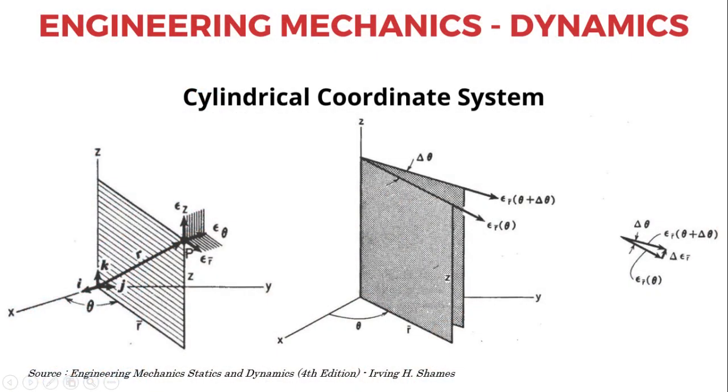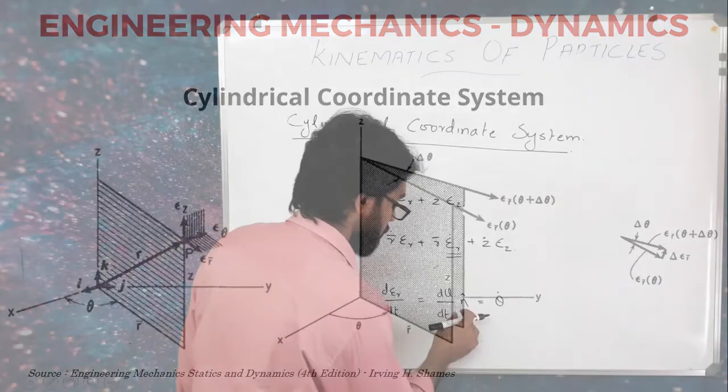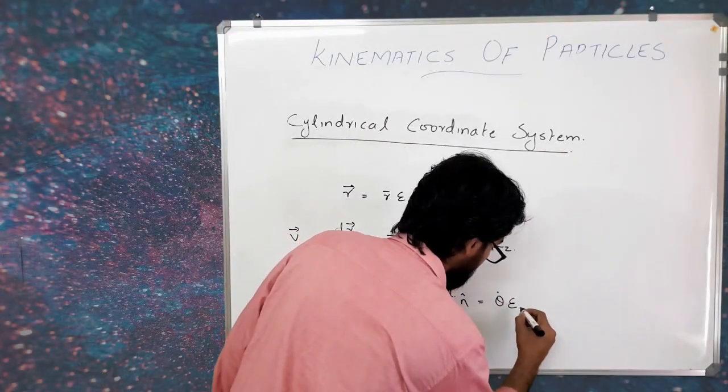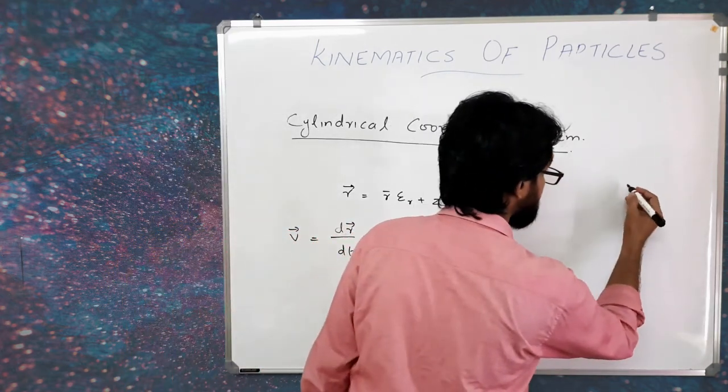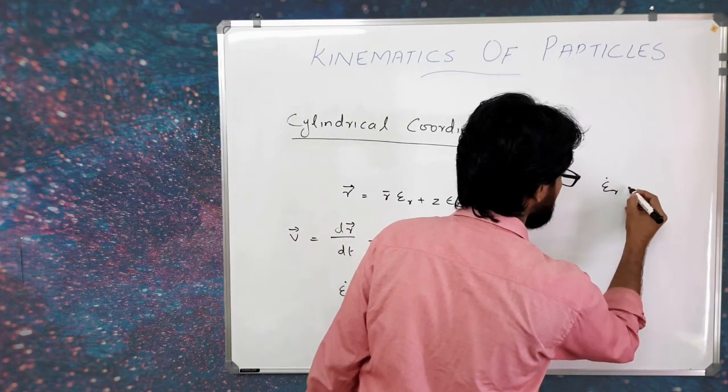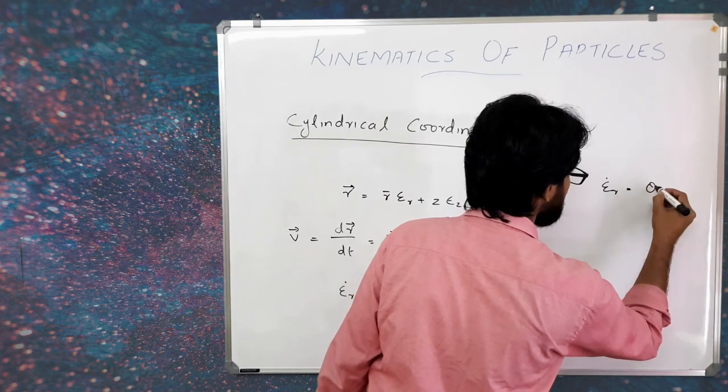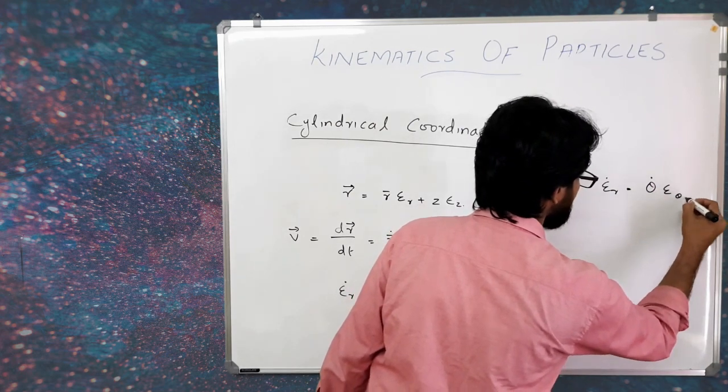Now if you look closely once again at the figure, as the value of delta t tends to 0, n cap would be equal to epsilon theta, the unit vector normal to epsilon r and epsilon z. So n cap will be epsilon theta. So remember this equation, I am writing it down here. Epsilon r dot is equal to theta dot into epsilon theta.